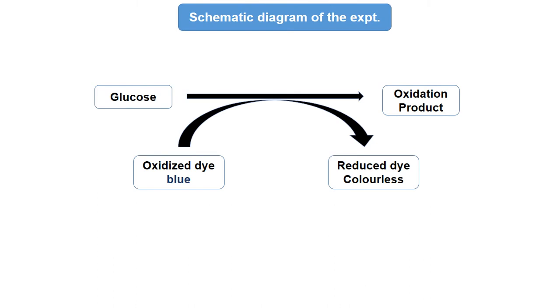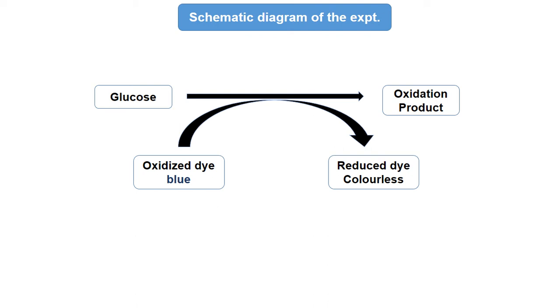First, what happens is that glucose oxidizes in presence of the oxidized dye, that blue dye, and since that glucose oxidizes, the oxidized dye is reduced. The reduced form of that dye is colorless due to lack of conjugation. But the oxidized dye is blue in color.